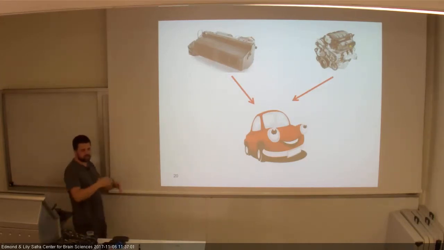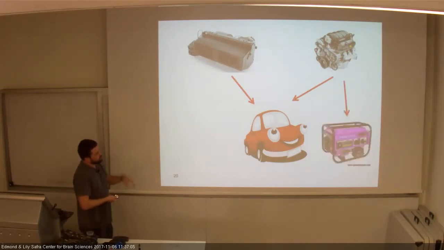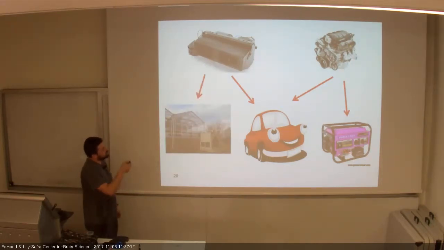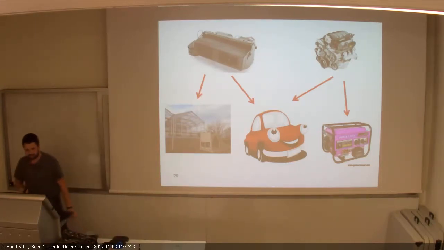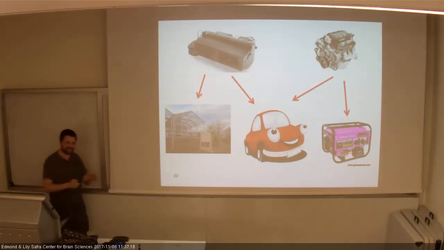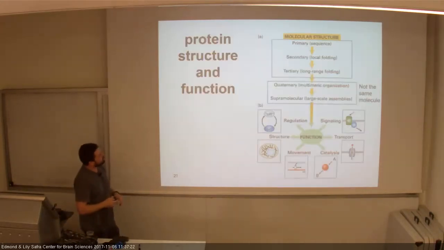So this is the hierarchy. It doesn't mean that in other types of proteins, like in a generator, you can't have only one without the other, or, for example, in this greenhouse, you can have only air conditioning without an engine. So the illustration is okay. I'm not sure if it clears things up.